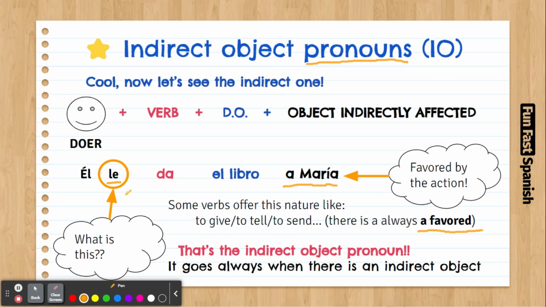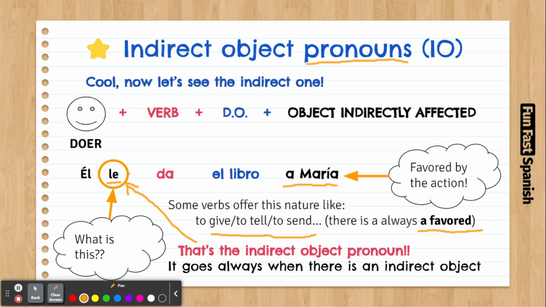And this is the indirect object pronoun, this one here. Yeah, we always use it when we have these kinds of verbs, when we have these situations. We don't say he gives Maria a book. No, we say in Spanish, he gives her, Maria, a book. We always have to put this her or him. Yeah, that's the new thing here. That's why it's redundant, because we say he gives her a book to Maria.